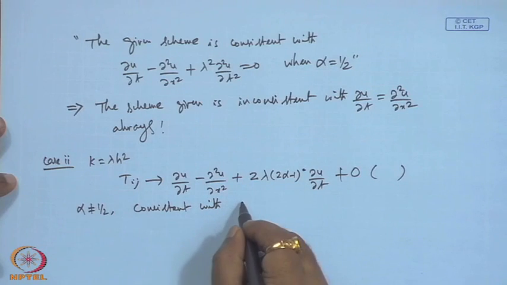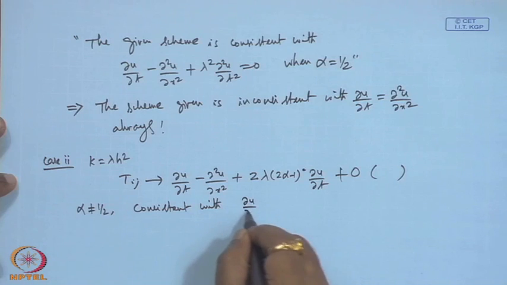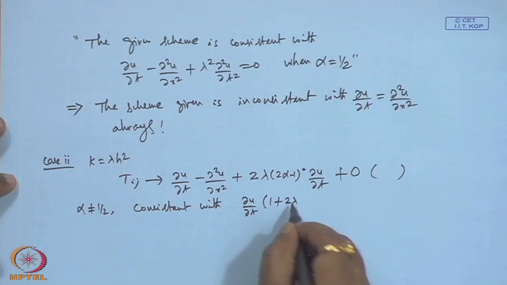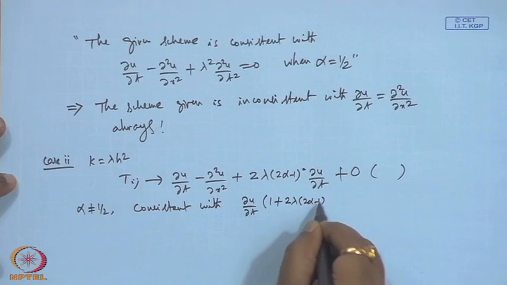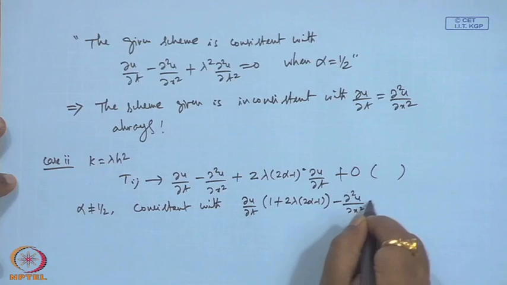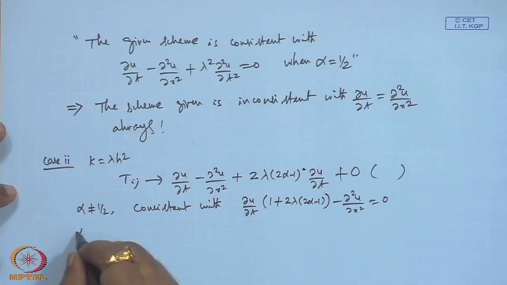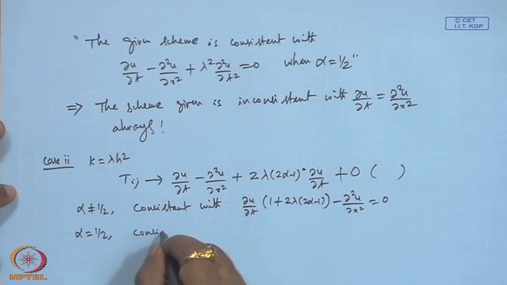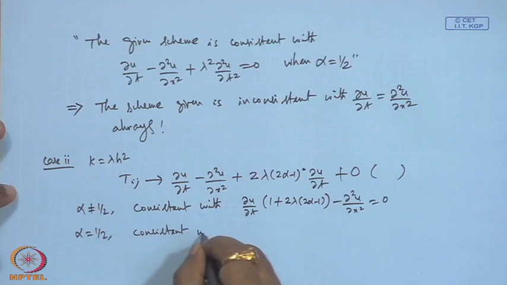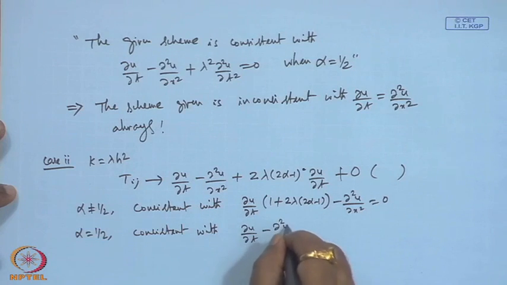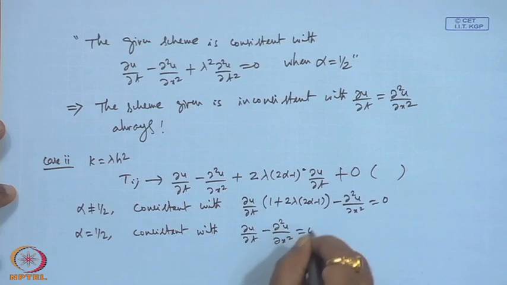You club dou u by dou t 1 plus 2 lambda 2 alpha minus 1, whereas when alpha is half, consistent with, okay.